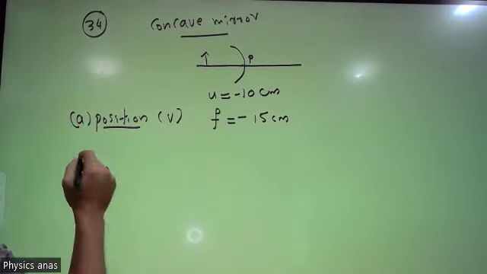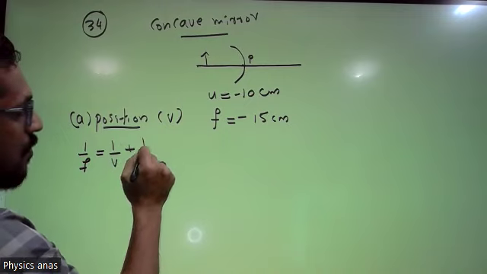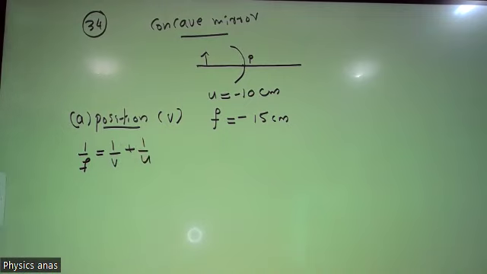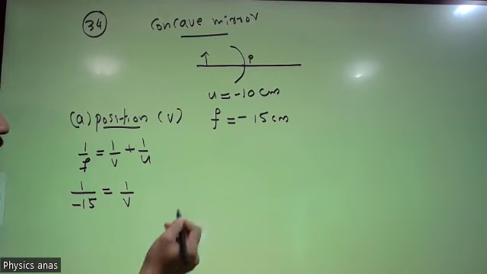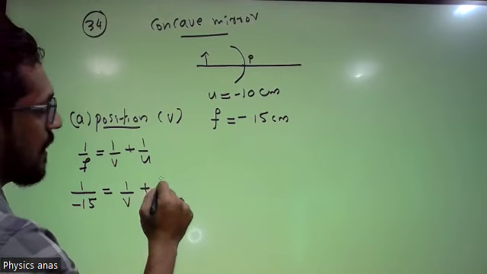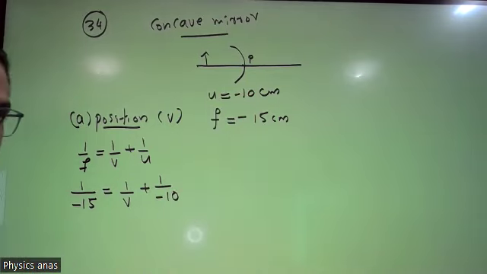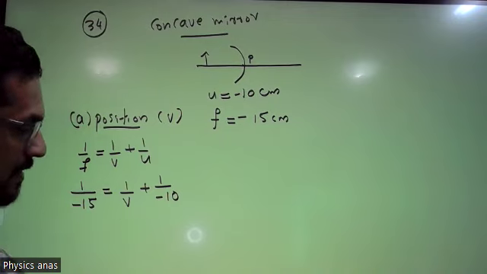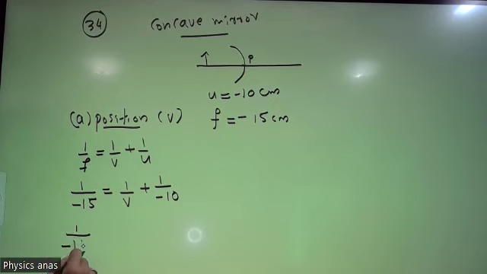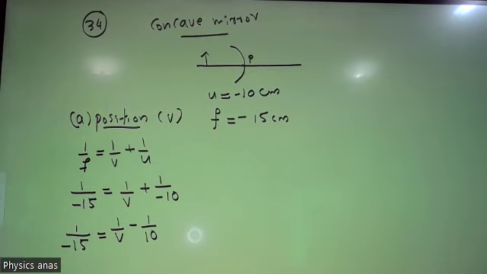Use the mirror formula: 1 by f is equal to 1 by v plus 1 by u. Find 1 by v from here. 1 by f is 1 by minus 15, and 1 by u is 1 by minus 10, which is minus 1 by 10.